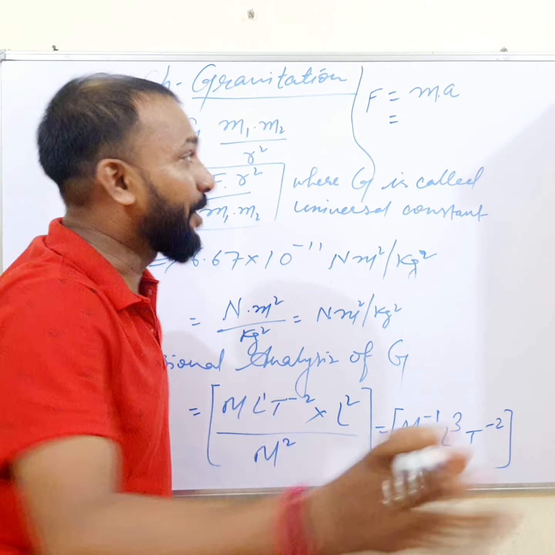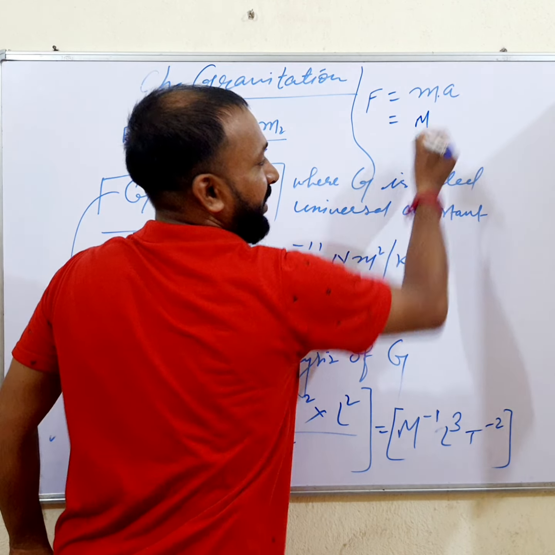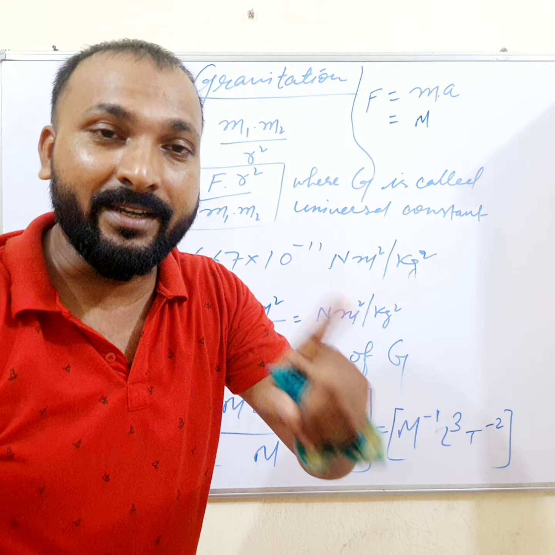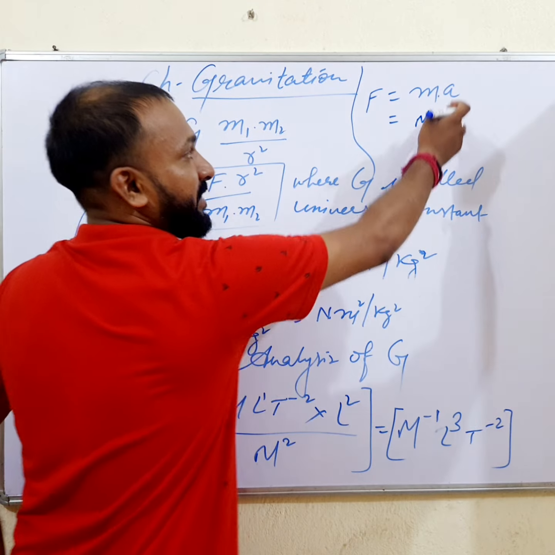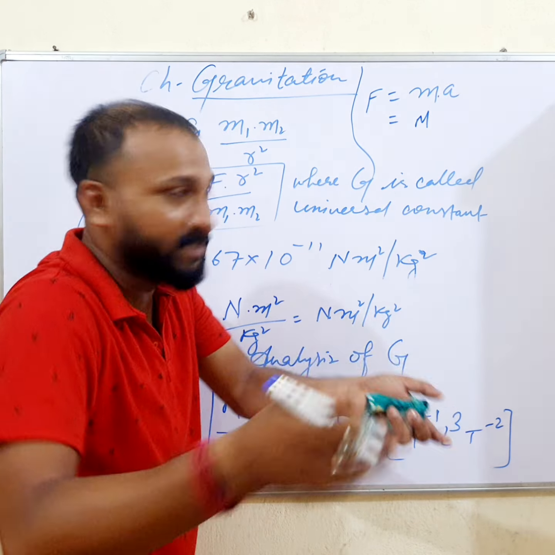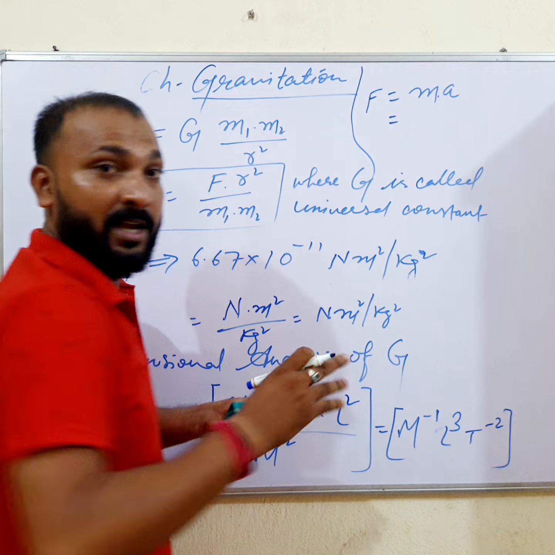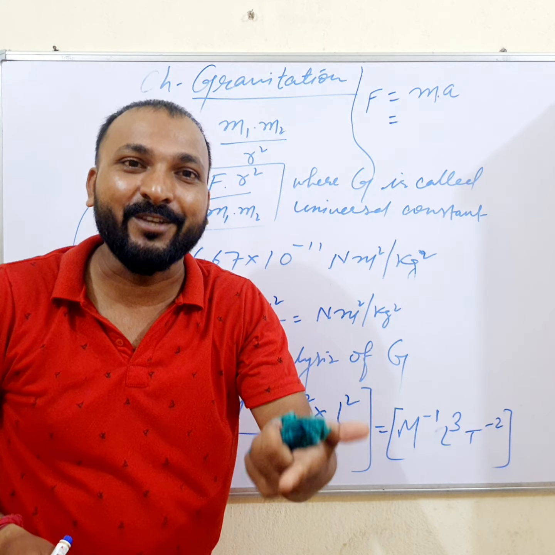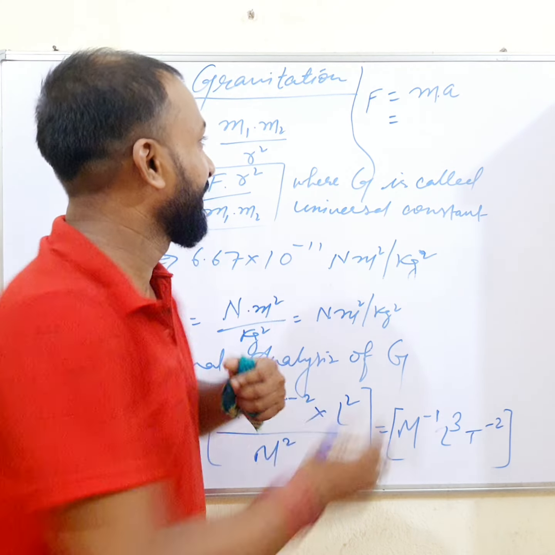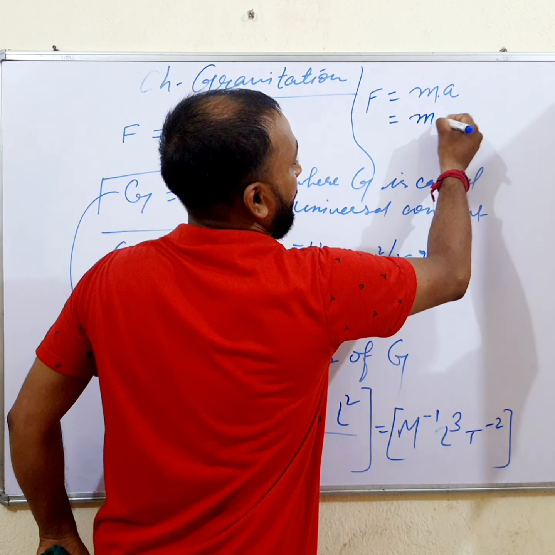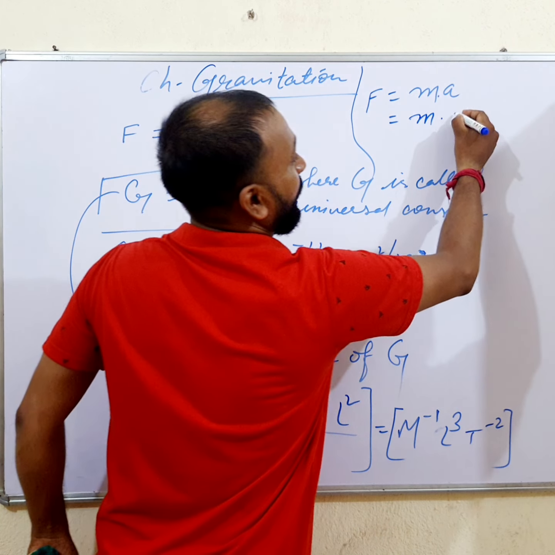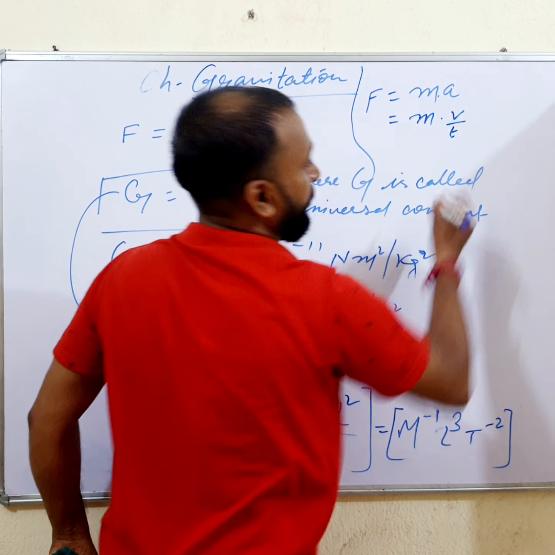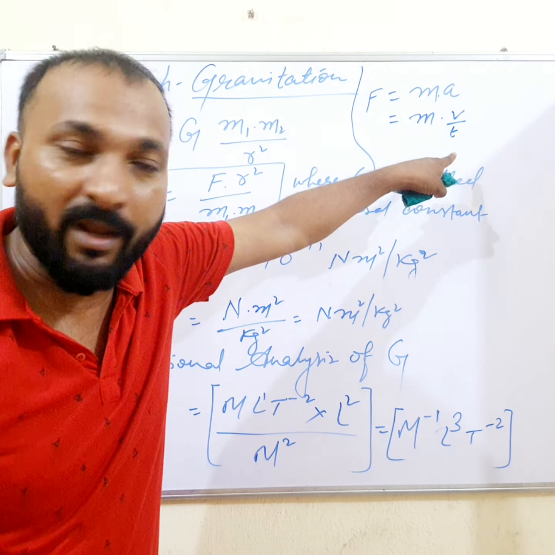Now the dimensional formula of mass will be M and acceleration will be L T minus 2. How did it come? Because we know that the rate of change of velocity is known as acceleration. It will be m into velocity upon time. This is the splitting of this formula.